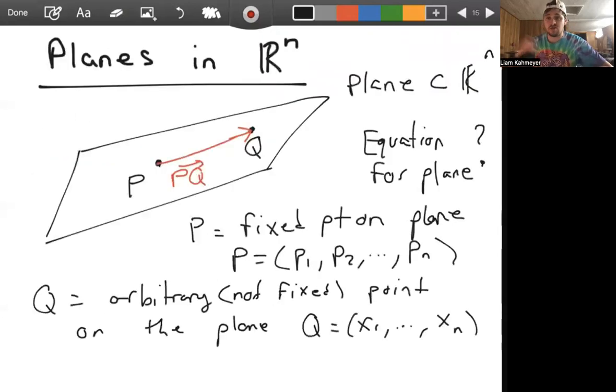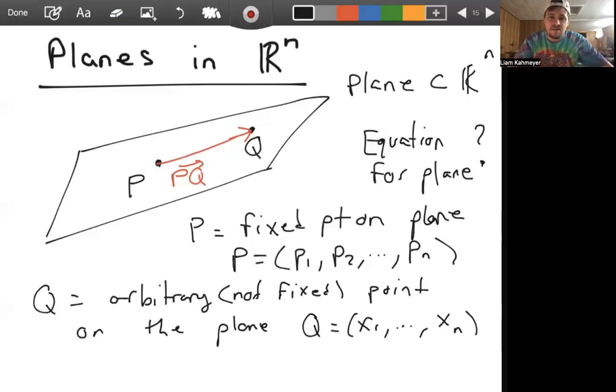That's our conjecture, is that, okay, well, as Q varies for every point on the plane and P stays fixed, then this family of vectors should map out that entire two-dimensional subspace, right? And so this family of vectors should be synonymous with this plane here.